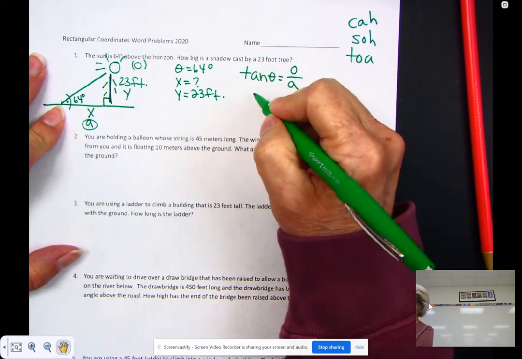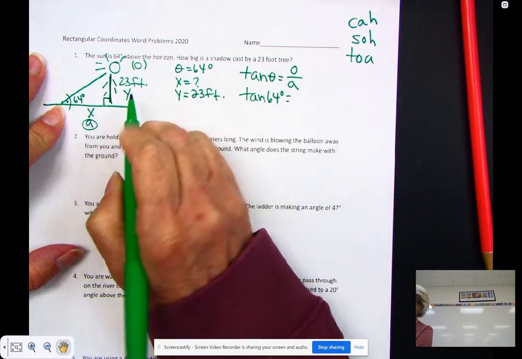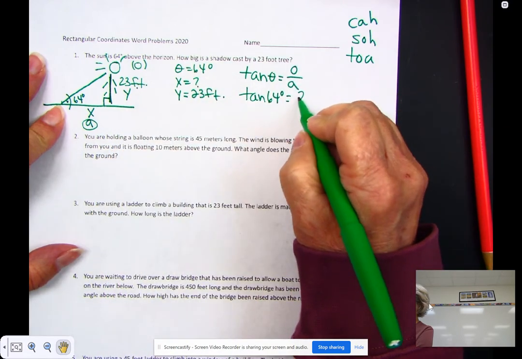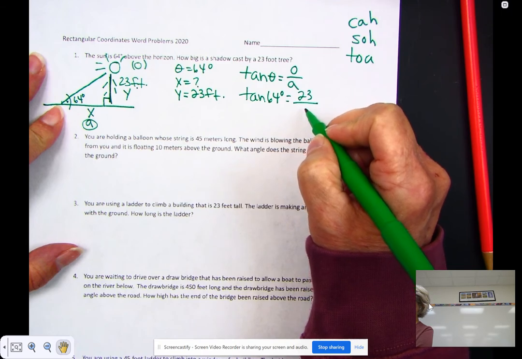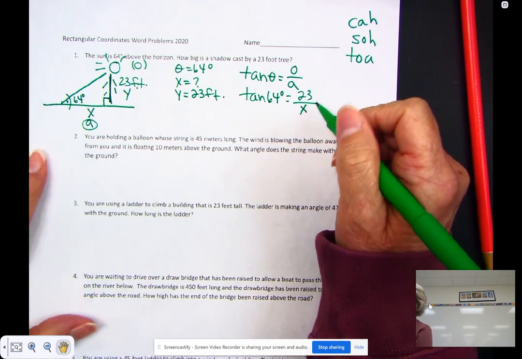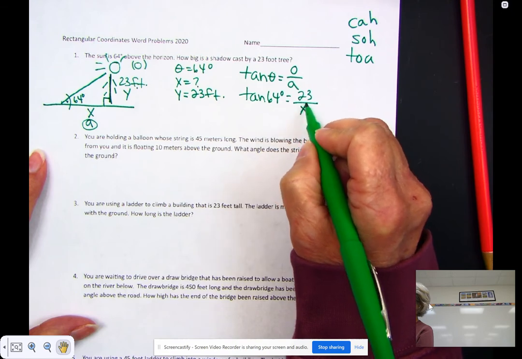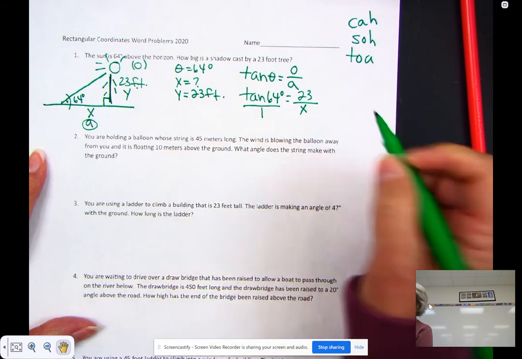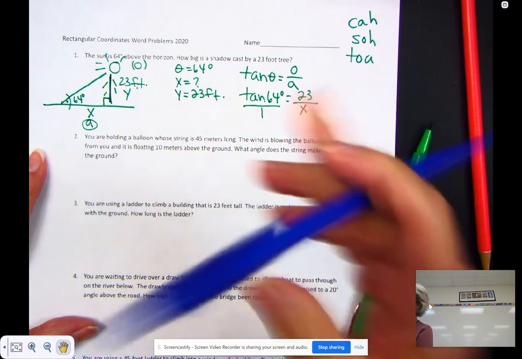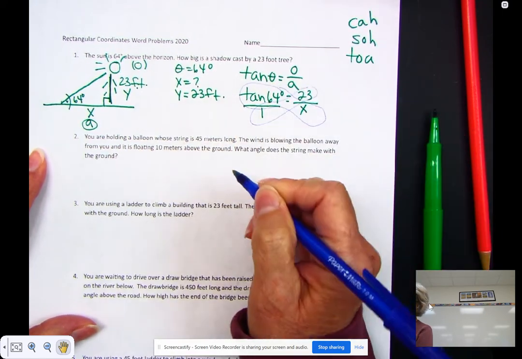With these variables, I'm going to plug in tangent of 64 degrees equal the opposite side, which we identified as 23, over the adjacent side, which we're solving for, and so that's x in this case. Here I need to solve for x, and so when the unknown is in the denominator, sometimes that gives people trouble. So my advice is to make both sides a fraction, and then let's cross multiply and rearrange to solve for that equation.